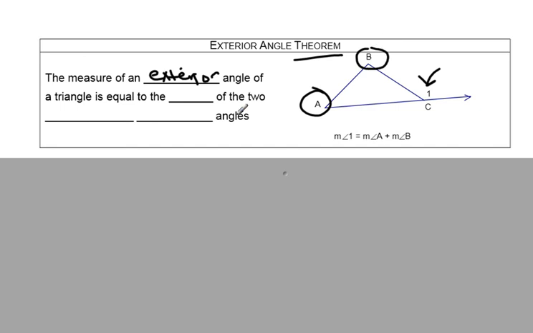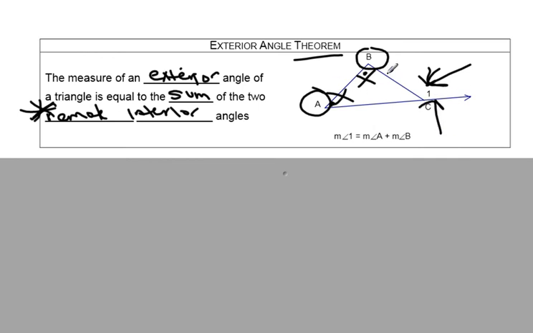Okay, the exterior angle theorem says that the measure of an exterior angle, so angle 1, of a triangle is equal to the sum, so that means adding together, of the 2 remote interior angles. Remote interior angles are the angles that are non-adjacent to the exterior, meaning they do not touch the exterior angle.